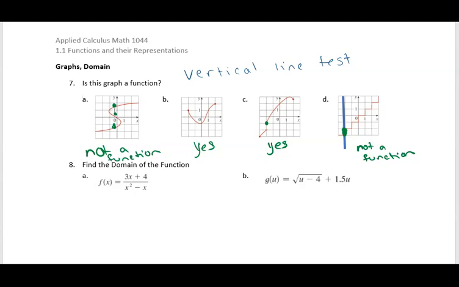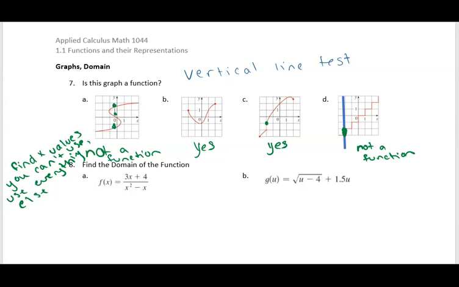So how do we figure out the domain? Well, you figure out the domain by finding the x values you cannot use, and then you say you can use everything else. So let me show you what that means.